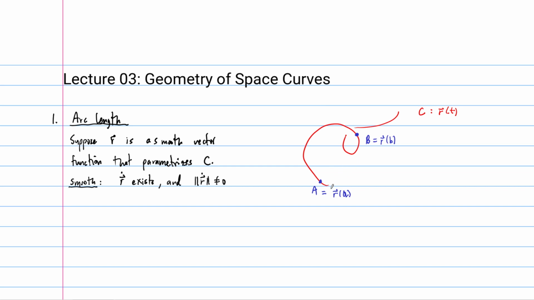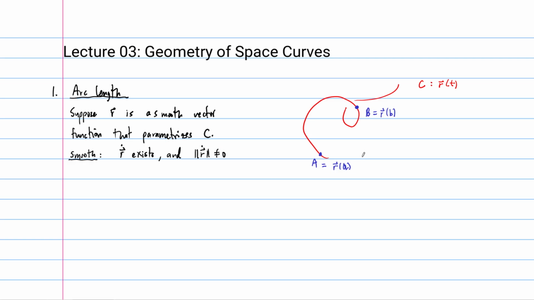But to compute it, we're going to use this parametrization R, which takes into account this time and therefore the speed at which the particle will travel this curve. But obviously we want the length of the curve to be the same no matter what the speed is of the particle that's traveling along the curve. So that's a little bit of the subtleties that we're going to encounter as we move forward here.